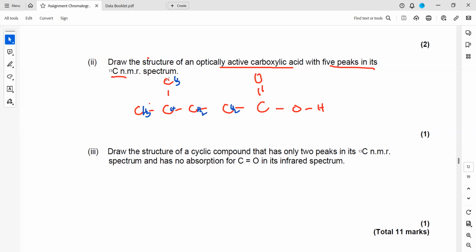These two carbons are identical, so they count as one environment. This is the second environment, this is third, fourth, and fifth. So this shows there are five environments for carbon. Is it clear?